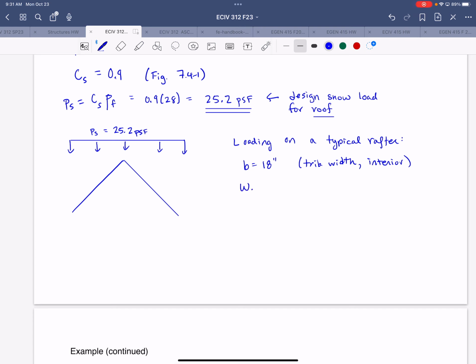So that means that the distributed line load is going to be the surface load times the tributary width. We want to make sure that we are using appropriate units throughout our calculations, so we got to convert that trib width to feet.